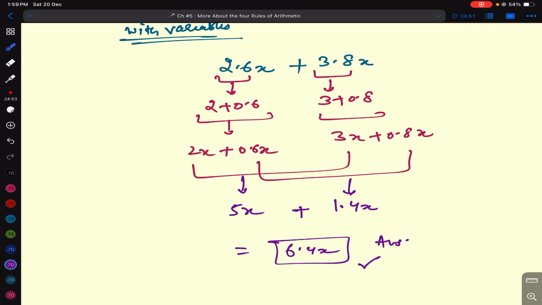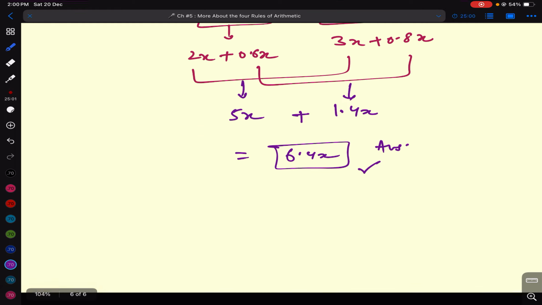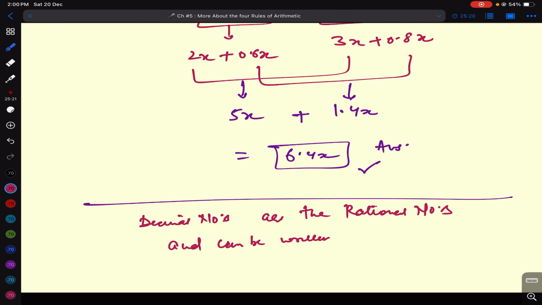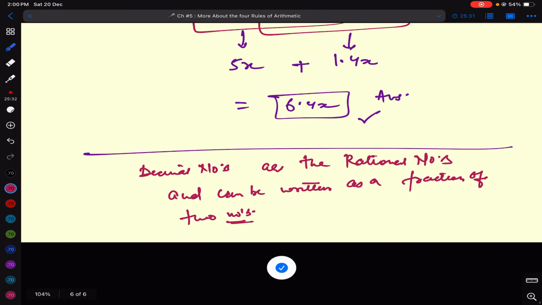Now as we know, decimal numbers are rational numbers and can be written as a fraction of two numbers, right? The way we had seen that integers were part of rational numbers, similarly decimals are also part of rational numbers.